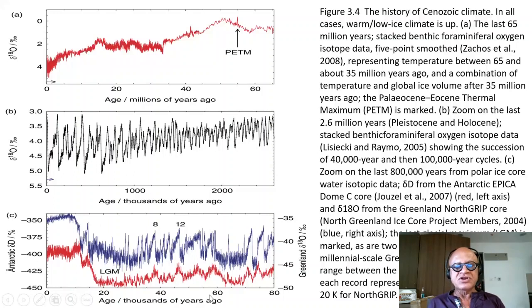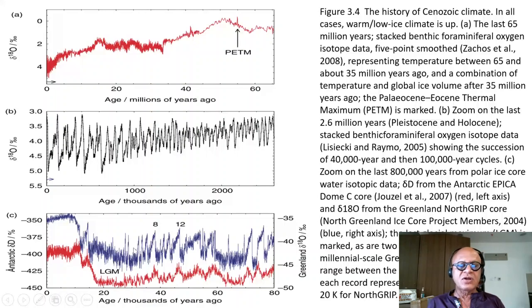But as you get closer here to 80,000 years ago, you can see many more wiggles within the wiggles. You have the millennial and 100,000 year type of time scales that you see here, but within that you have many, many wiggles, and these numbers are where it was actually colder. You can see here Antarctic delta D, deuterium, is being used, which gives a similar signal as delta O18.